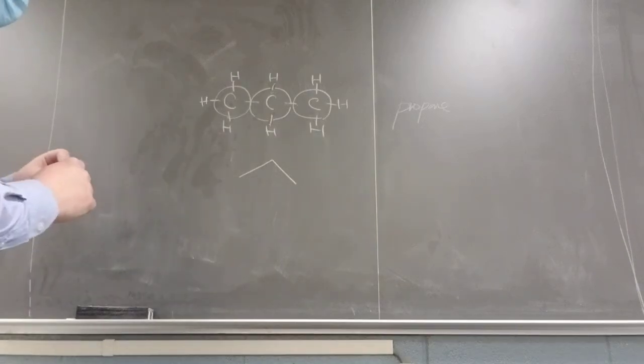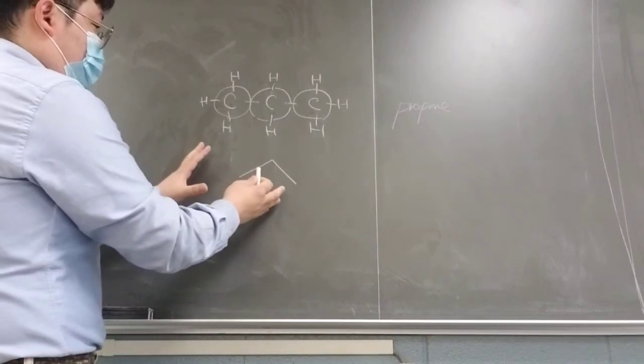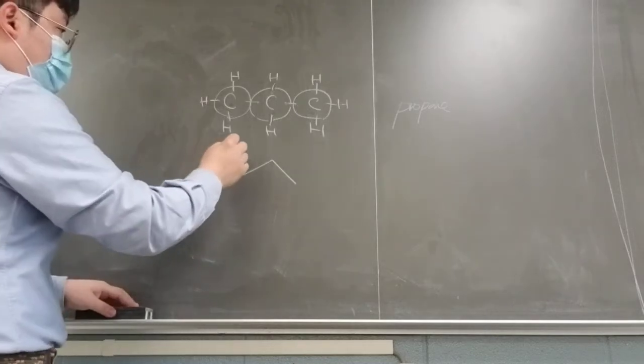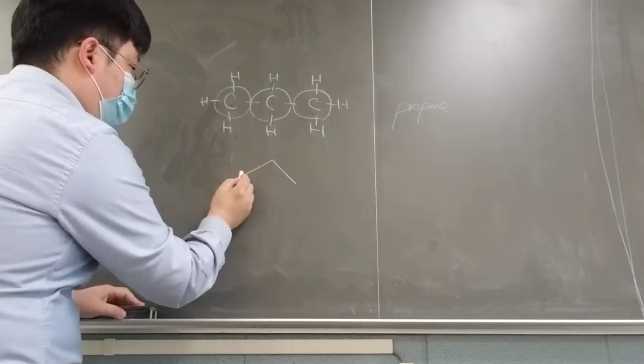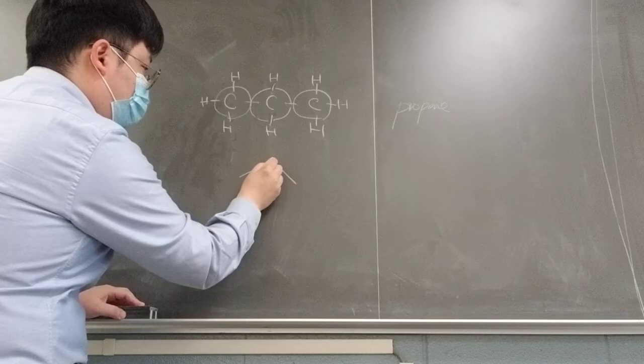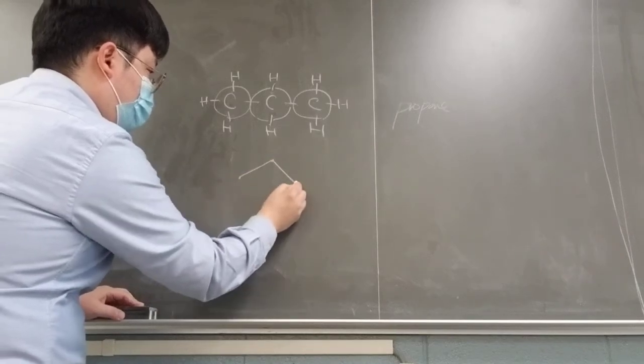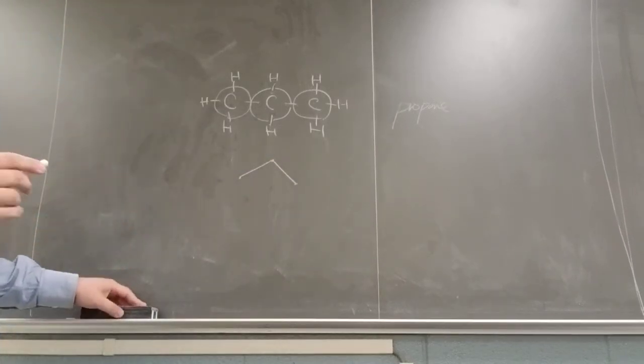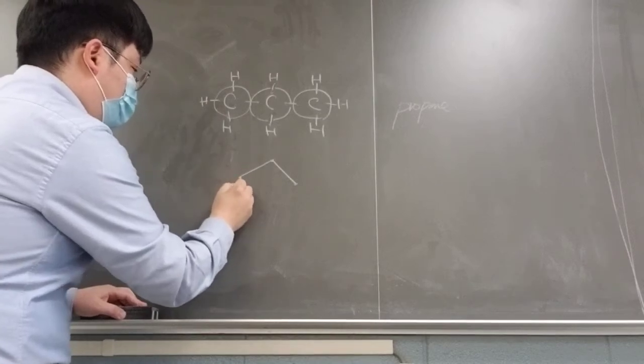If you look at the drawing over here, they put a dot on each corner or end of the structure, meaning there's a carbon there.